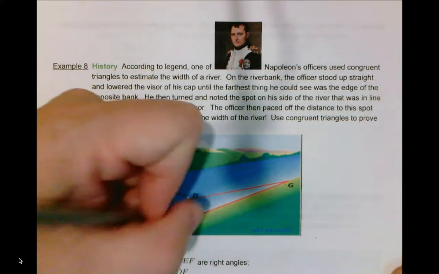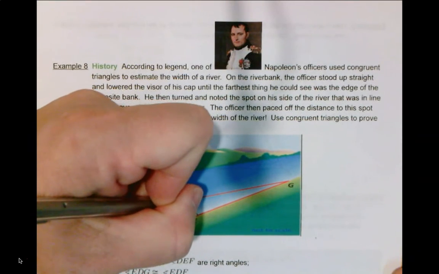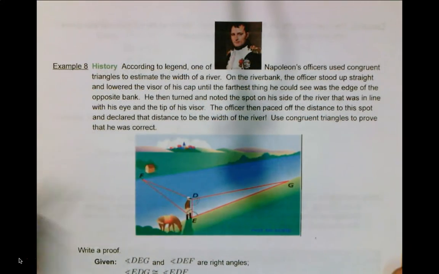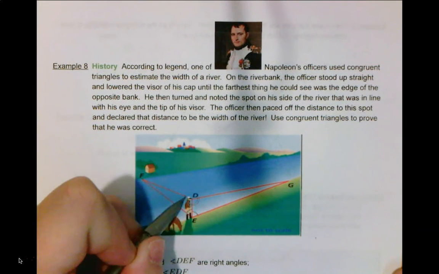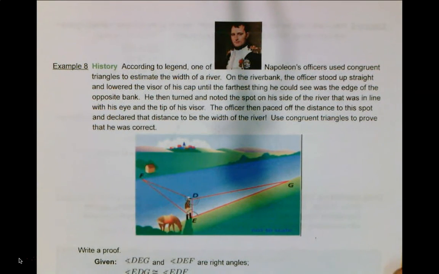We're going to assume that he doesn't change the angle of the brim of his hat. Now, it's a little hard to do, but I bet you if he does it a couple times and checks it, he's probably going to be pretty close. He's looking for a rough estimate here of the width of the river.